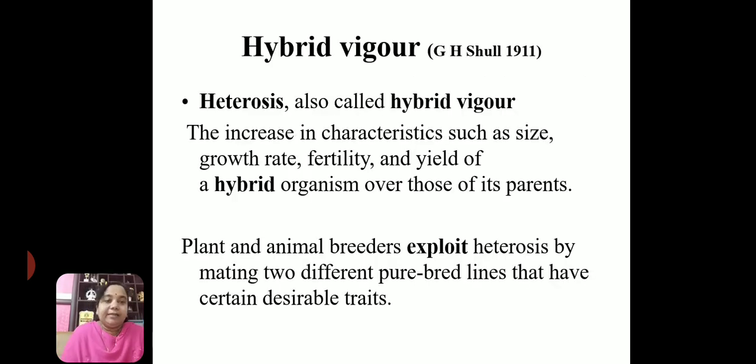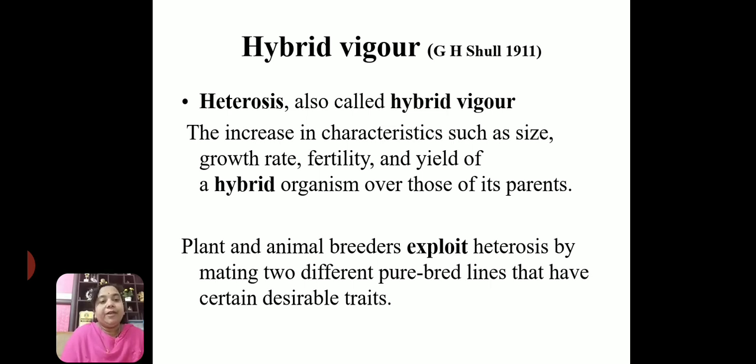Then another term you have to study is hybrid vigor, or we can say the term heterosis. Heterosis. It is the increase in characteristics such as size, growth rate, fertility, and yield of a hybrid.